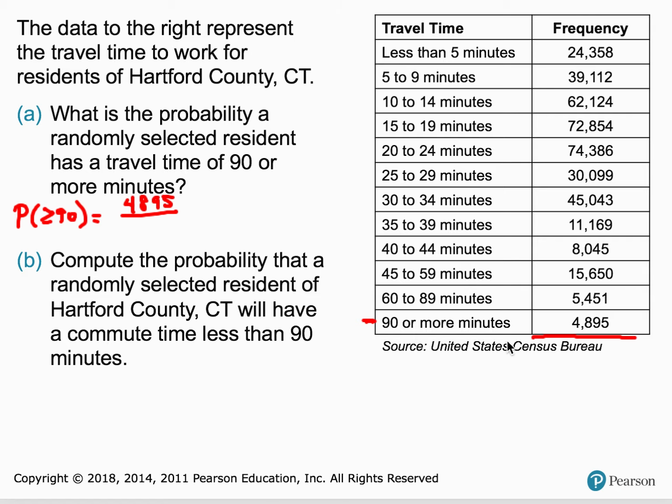Finally, 382,200. So that's what goes in my denominator.